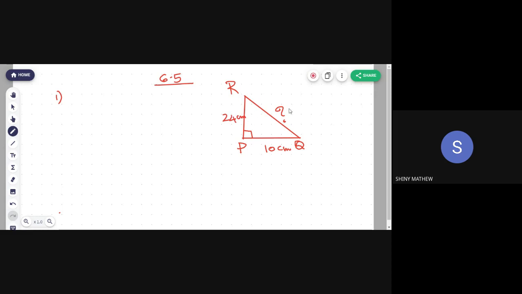By Pythagoras property. The square of the third side is the sum of the squares. We do the squares and then we add them. You can write QR square. QR square is PR square plus PQ square, by Pythagoras property, because this is a right angle triangle.